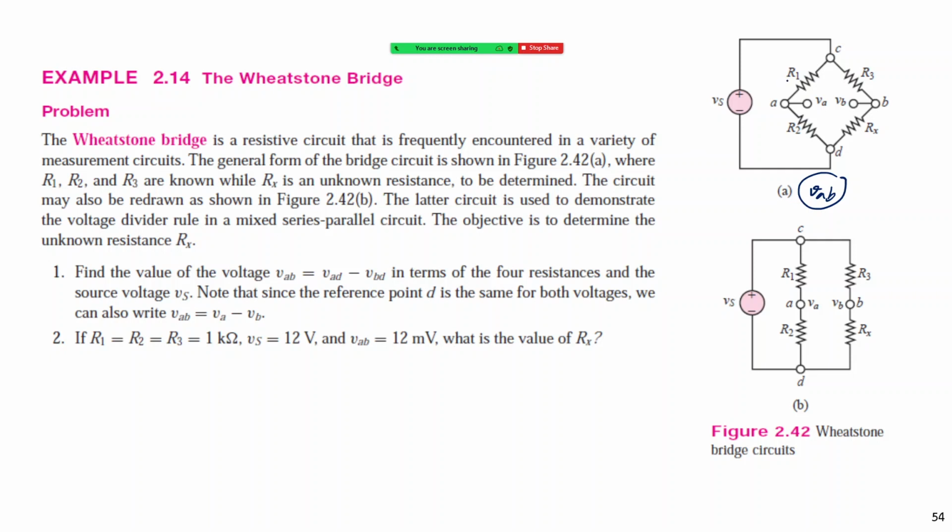If we use known values of R1, R2 and R3, for example, Rx is the resistance of the sensor, which is variable and unknown, so we don't know how much the resistance is. If we know this resistance, then we know what the temperature is in degrees Celsius, or what the pressure is, or what the force is in kilograms, for example.